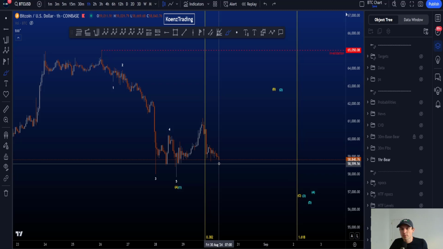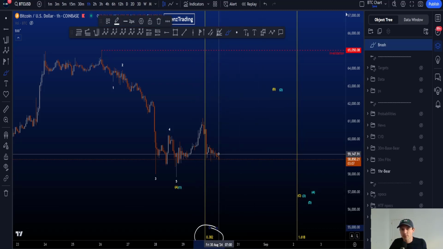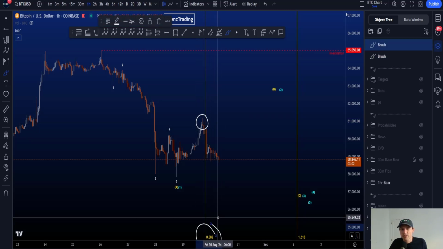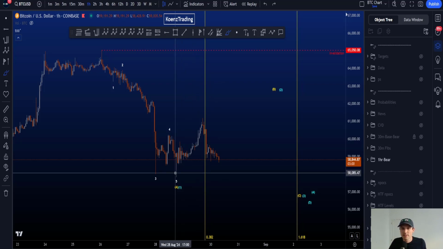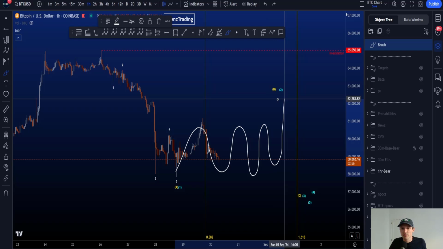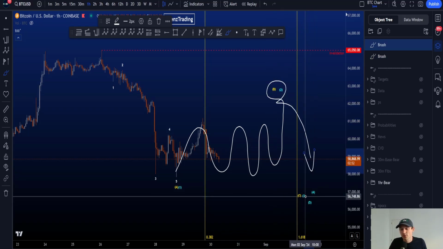It is most common for a corrective structure to finish after the 0.382. So the fact that we made this high before the 0.382 does increase the probabilities that we are not yet finished with a sideways corrective structure in B or 2 and only look for a C or a potential 3 to the downside at a later stage.